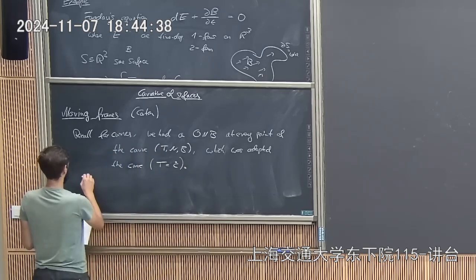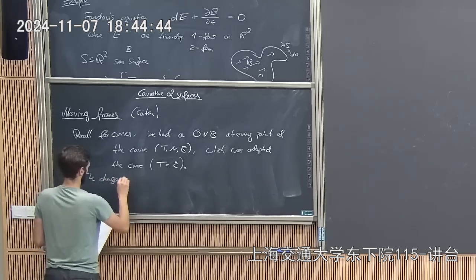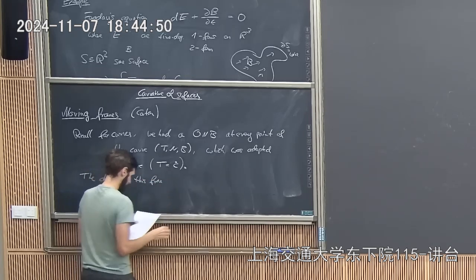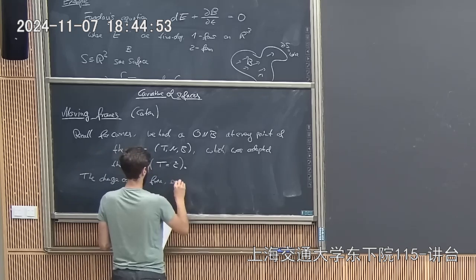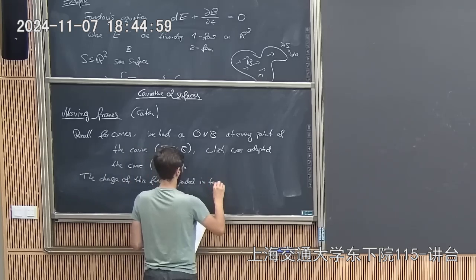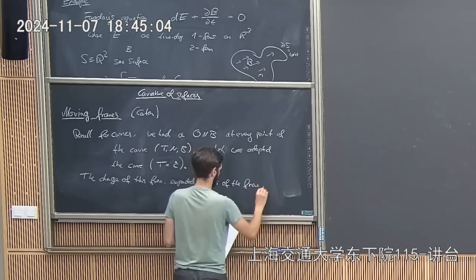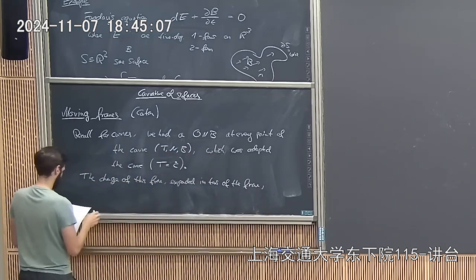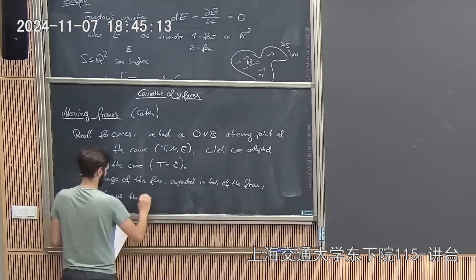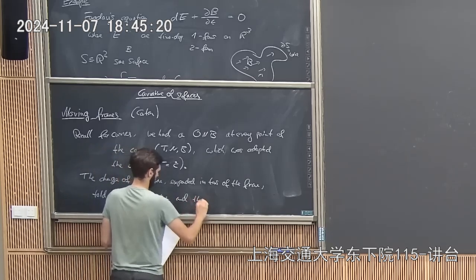And then the important observation was that the change of this frame, expressed in terms of the frame again, told us the curvature and the torsion of the curve.